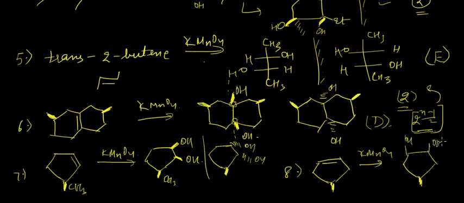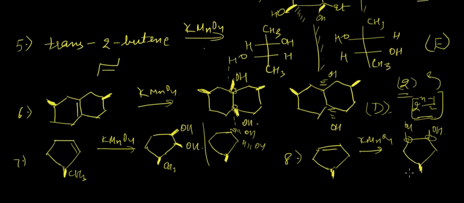Obviously you can draw the figures when they are above the plane and below the plane. Is it a meso compound? It is symmetrical, it has 2 chiral centers, it is a meso compound. But the total number of stereogenic areas is 3, because 2 are the chiral centers and 1 is the ring itself. So 2 to the power (3 minus 1) by 2, so the answer is 2. So two products would be formed, and both would be diastereomeric.